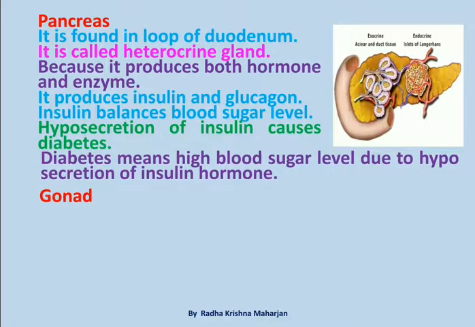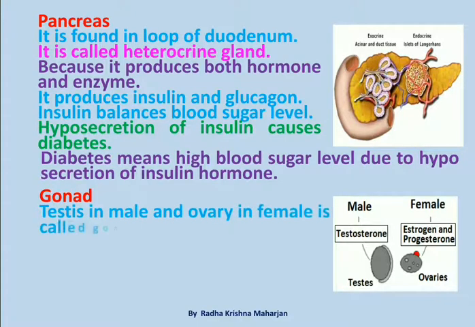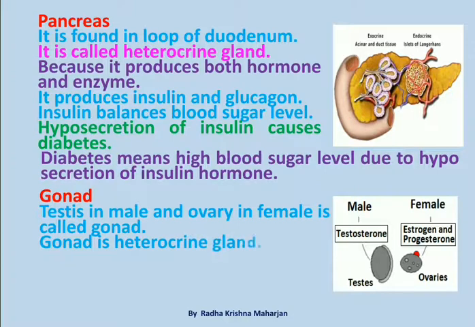Gonad. Testis in male and ovary in female is called gonad. Gonad is heterocrine gland.